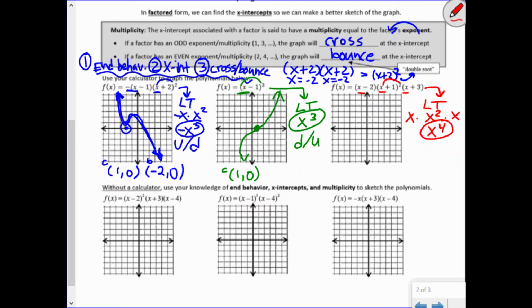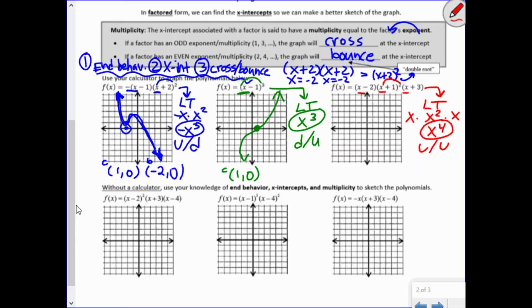If I were to write this out in standard form, which is so much work, which I'm not going to do, the first term would be x to the 4. So based off of that, what would my end behavior be? Up, up. Because when your degree is even, they're both going to be the same. And because it's positive, up, up.